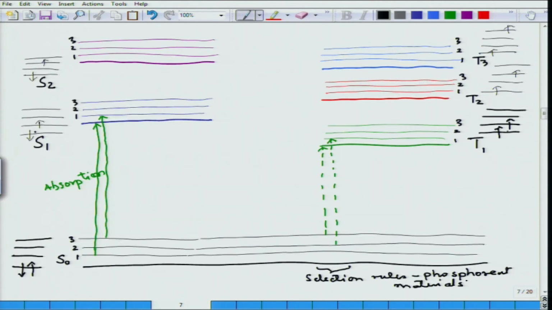These phosphorescent materials are typically organic molecules with a metallic part to them. In this particular case, the spin orbit coupling in the molecule relaxes the selection rule, and it is possible then to actually directly absorb into the triplet state, and then it also becomes possible to emit from the triplet state.